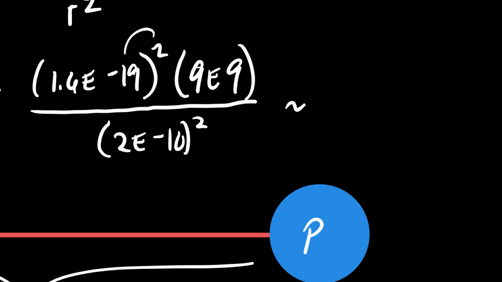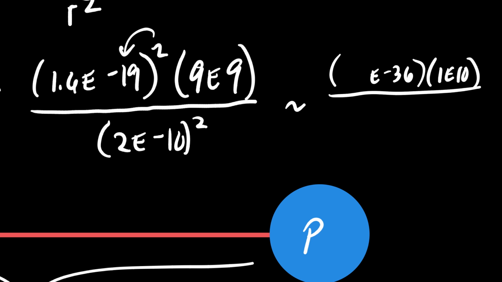When I have 19 squared, you just double the exponent. So 10 to the negative 38 for that number. And this is close to 1 times 10 to the 10th, so I'm going to just put 1 times 10 to the 10th. The bottom, again, just double the exponent. So 10 doubled is 20, so 10 to the negative 20.